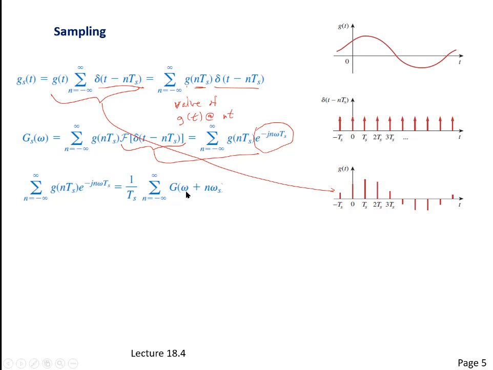It's my modulation, my basic frequency plus n times my sampling frequency. And the sampling frequency is 1 over Ts, right? So I will then generate a sum of those terms, right?